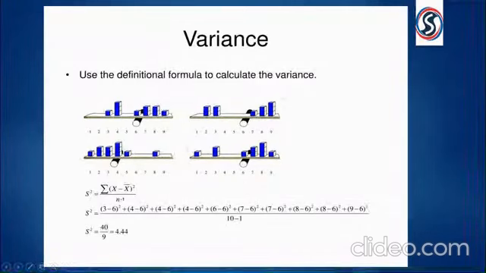Have you ever analyzed why it is divided by n-1? So here is the conclusion: the difference becomes large when we divide by a small n, that's why we divide by n-1.